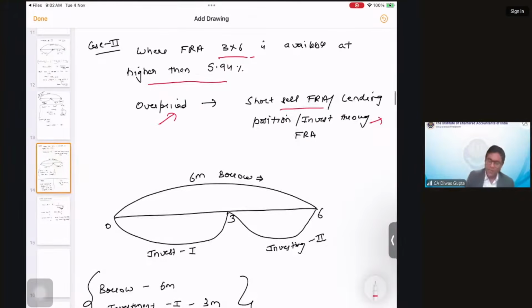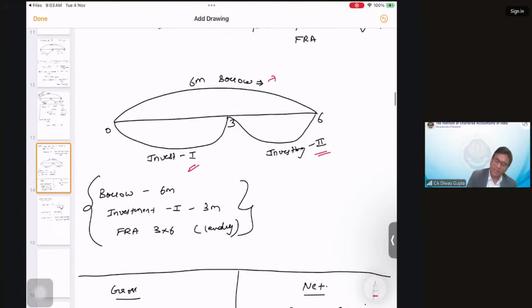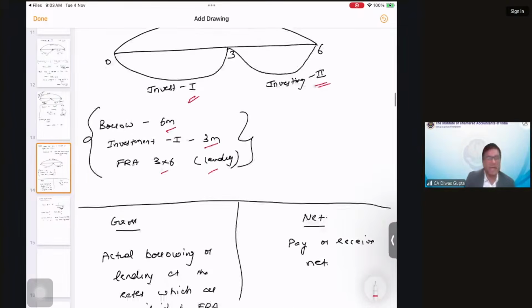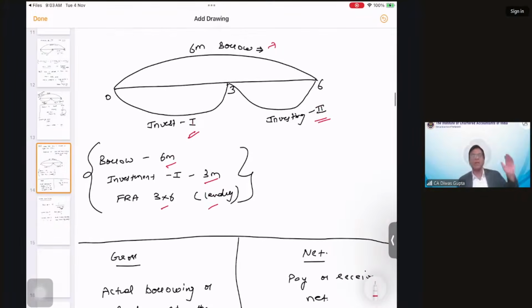Okay, that means you will invest here, and then borrow here. Now, how will it make sense? Borrow for 6 months, invest for 3 months, then again using the FRA, invest for 3 months. If you compare your cash flow after 6 months from the borrowing and investing perspective, you will be at a gain, students.